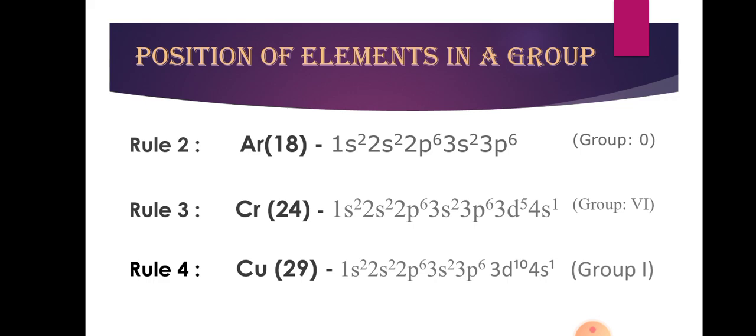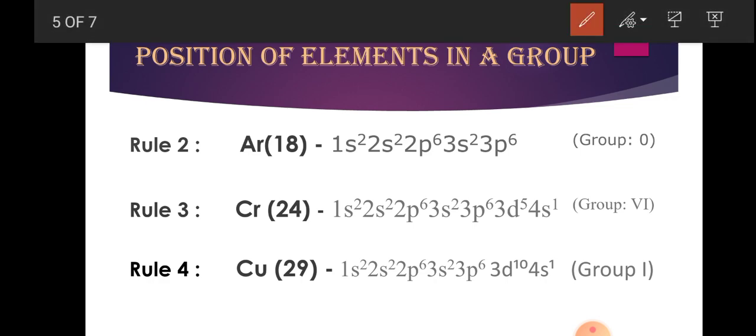From the electronic configuration of argon, we can see that the outermost s and p orbital contains 8 electrons. So, argon belongs to group 0.